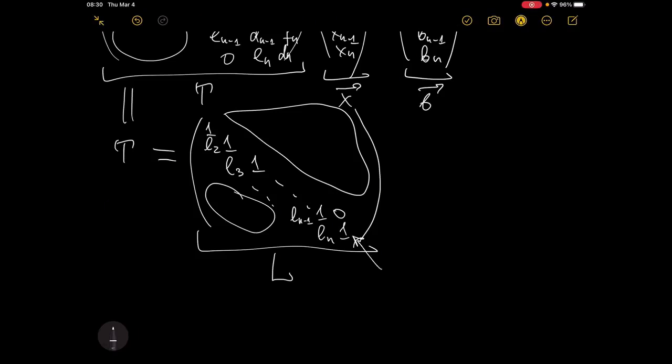So it's a unit lower triangular matrix, and for a tridiagonal matrix, it appears that it will have this form.